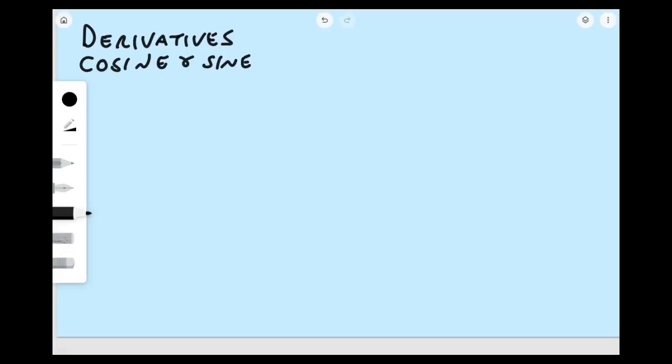This is a brief review on derivatives for cosine and sine. So I'll make my x-axis here, and I'll make my y-axis here.